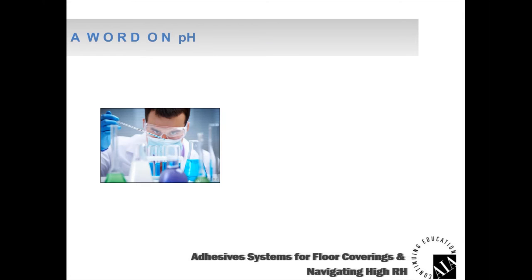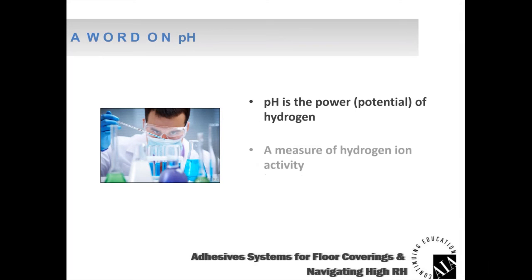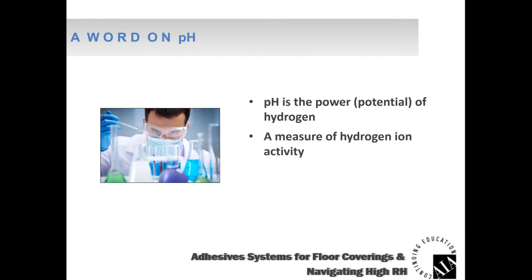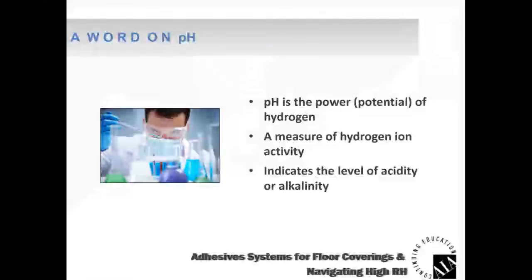pH actually does stand, it is an acronym. It stands for the power of hydrogen or the potential of hydrogen. And you're basically measuring the hydrogen ion activity in a liquid such as water. It's indicating the level of acidity or alkalinity.